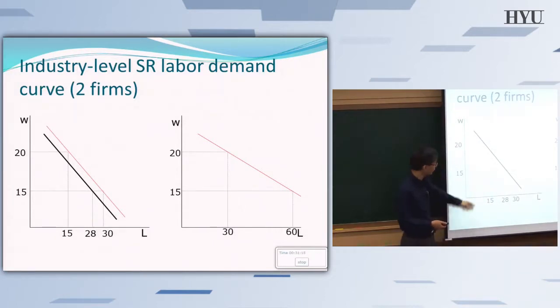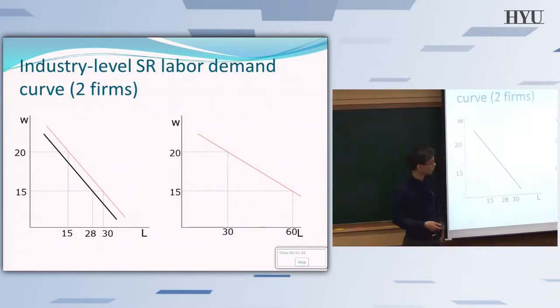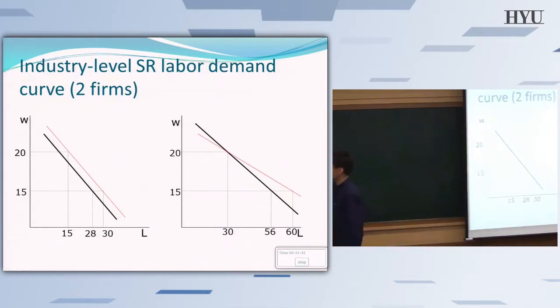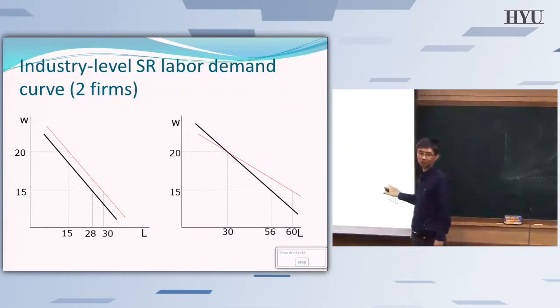At first they intend to hire 30, but in the end it turns out that they will hire only 28. So the industry-level labor demand curve is not the red one, it is actually the black one. It's steeper than the simple sum of individual labor demand curves.